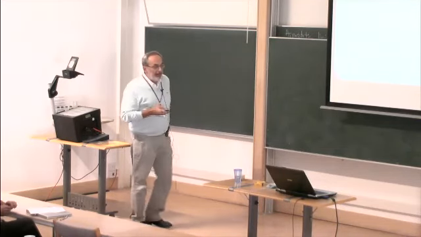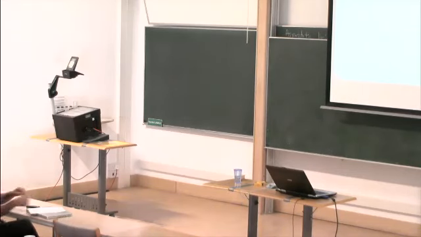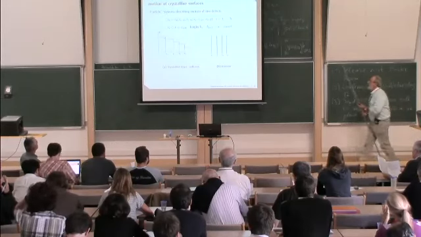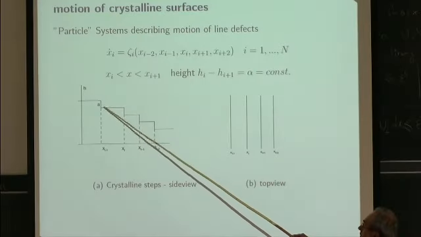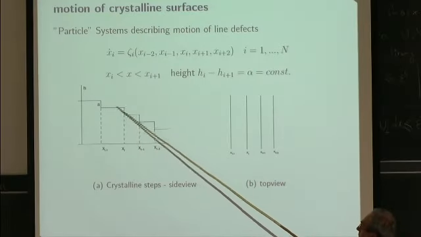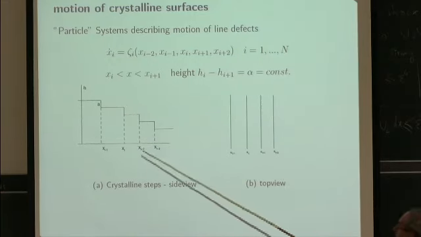So what we will have here is a system of ordinary differential equations, which will be of this form, that each of them describes the motion of line defects. So now the lines, they are steps, and inside them there are atoms that are moving, and the problem is one-dimensional.